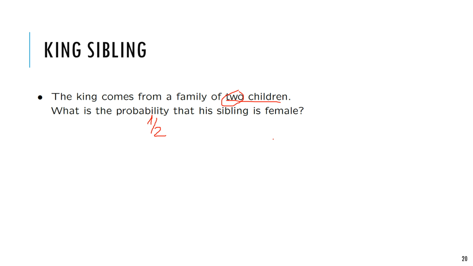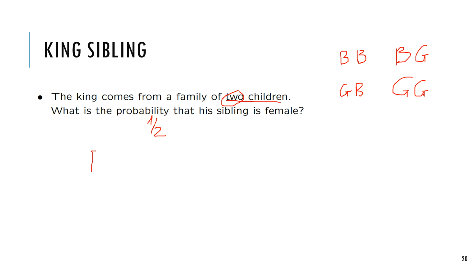Only boy or girl, no third gender. So here we have boy-boy, boy-girl, girl-boy, and girl-girl. We have 4 events in the sample space here. And what's the probability of his sibling being female?